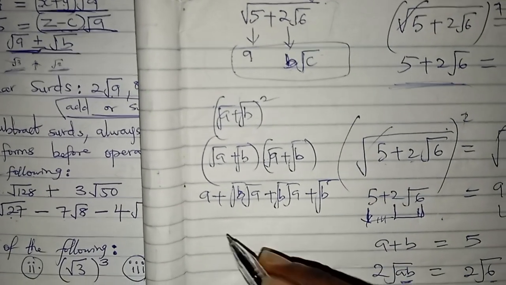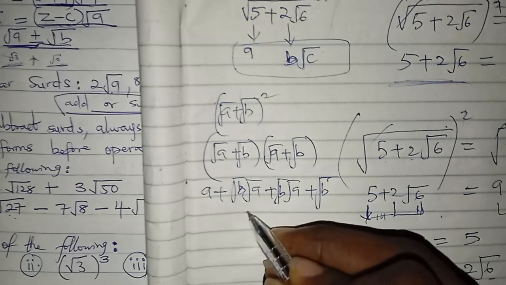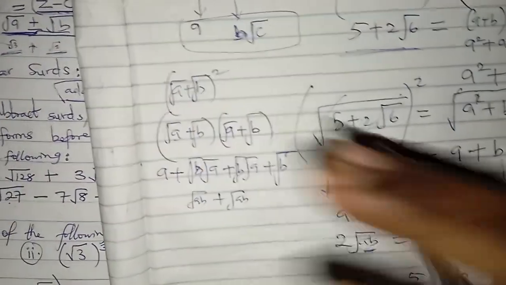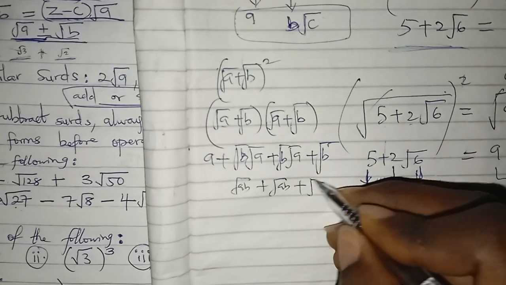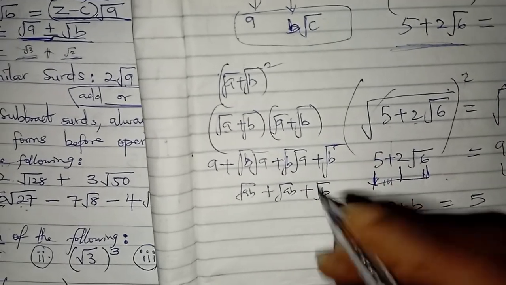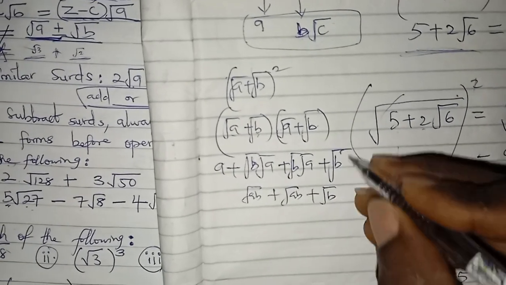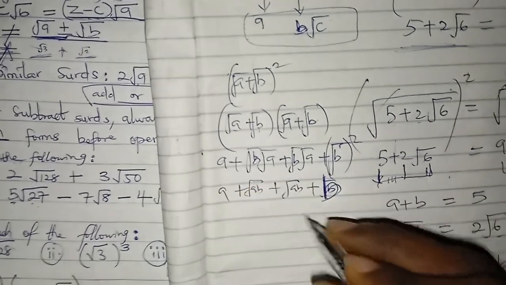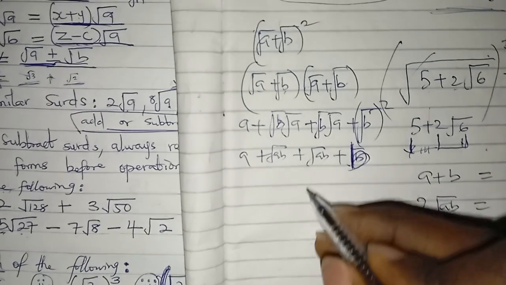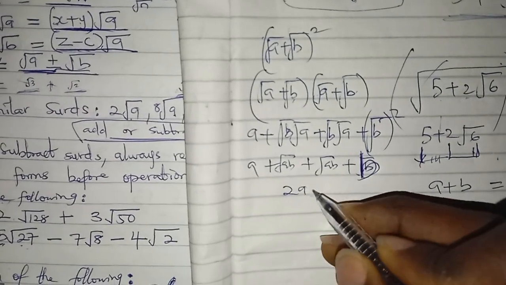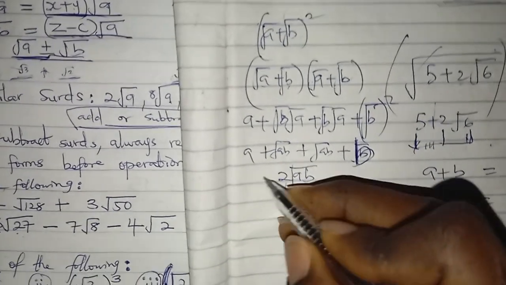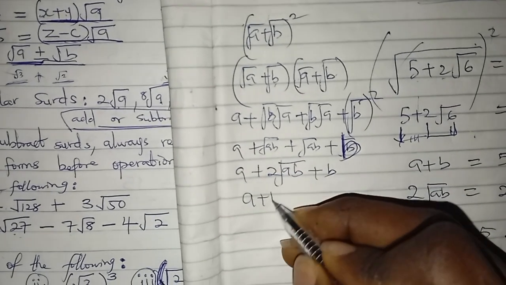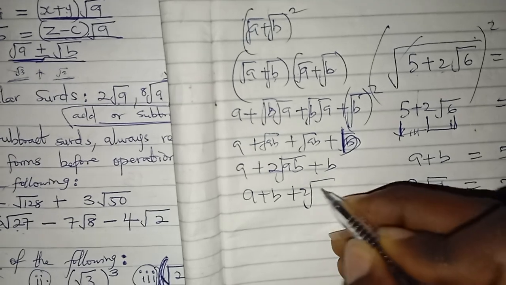And this is going to be root ab plus root ab plus root b times root b, which is going to give me b plus a. So root ab plus root ab is going to give me 2 root ab, plus a plus b. So we simply bring out the a plus b, then plus 2 root ab.